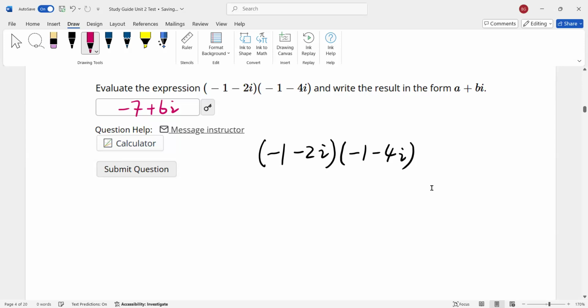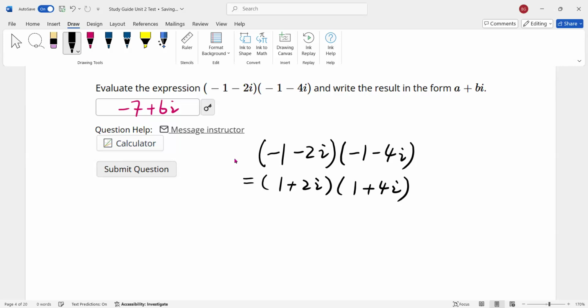Because all the 4 parts have -1, we can get rid of them. 1 plus 2i, 1 plus 4i. Again, it's really annoying just to carry the negative sign all the time, right? So we could get rid of it.